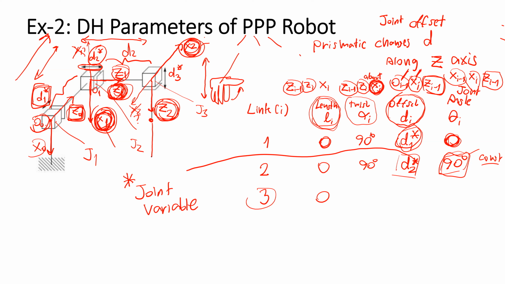The end effector frame here, I will point it in the same direction as frame 2, so that we can reduce the complication. The X3 and X2 have the same direction, but the origin of frame 3 is at the end point.